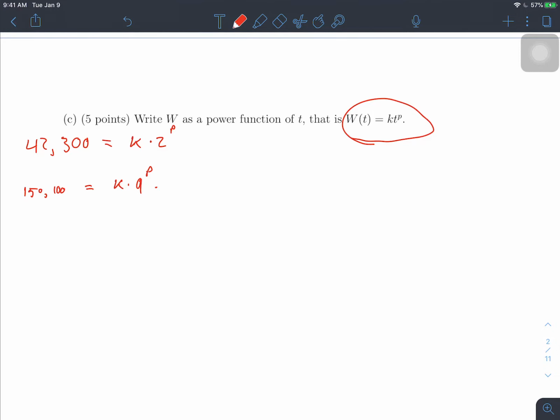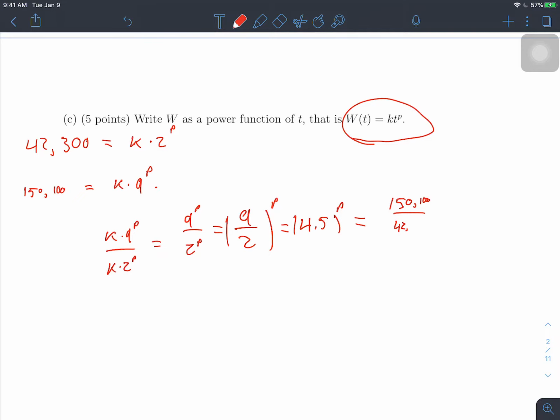So I'm going to take these two equations and divide them again. And what I'm going to get is K times 9 to the power P over K times 2 to the power P. Well, those K's are going to cancel, and we will get 9 to the P over 2 to the P, which is the same as 9 halves to the power P, which is the same as 4.5 to the power P. And that's all equal to, well, K times 9 to the P was 150,100 divided by 42,300.